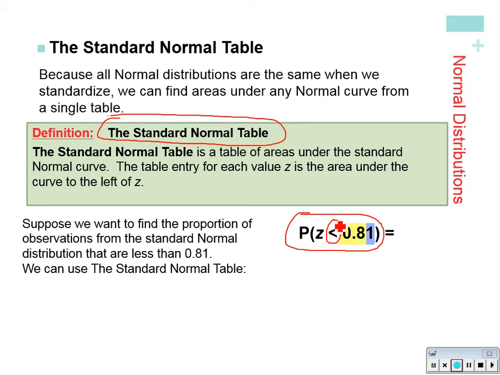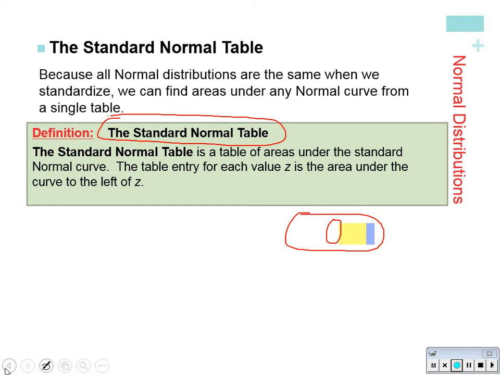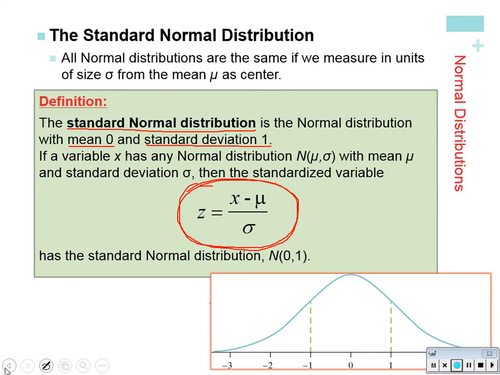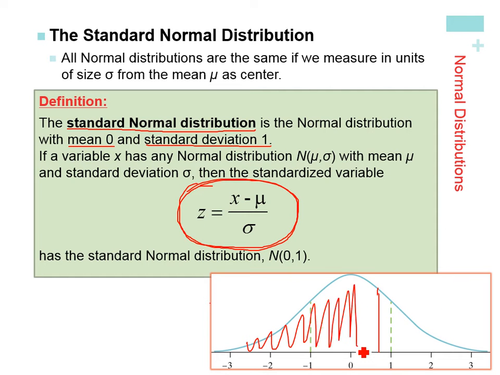So if you come back to this density curve, 0.81 might be somewhere right about here. When we talk about z being less than 0.81, we're asking what's the area under the normal curve that encompasses that section.